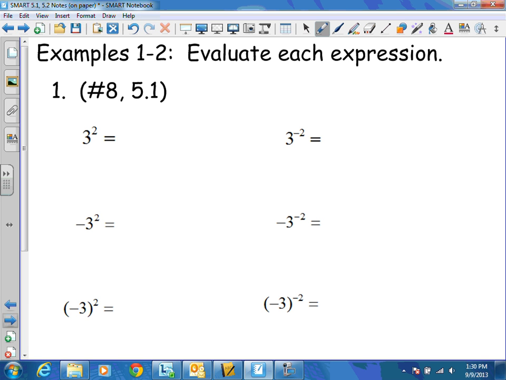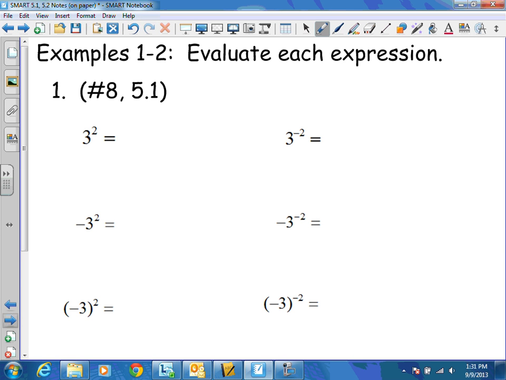I'm supposed to be talking with your group. Okay, when there are no parentheses, it's like having a negative one, you're multiplying negative one times 3. So on the middle ones, it would be -9, and then it'd be -1. Because if you don't distribute in parentheses, you get the wrong answer.